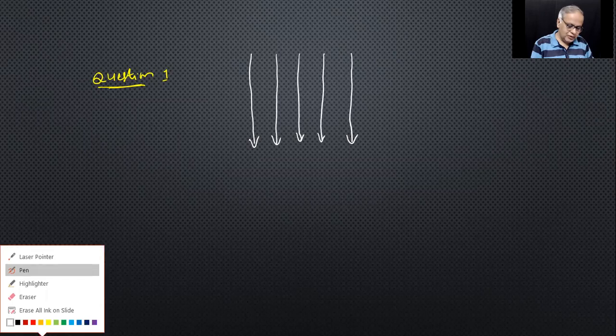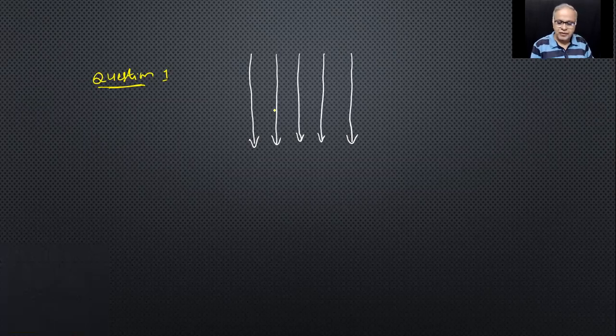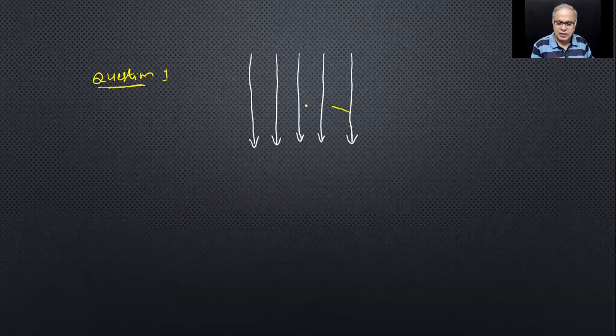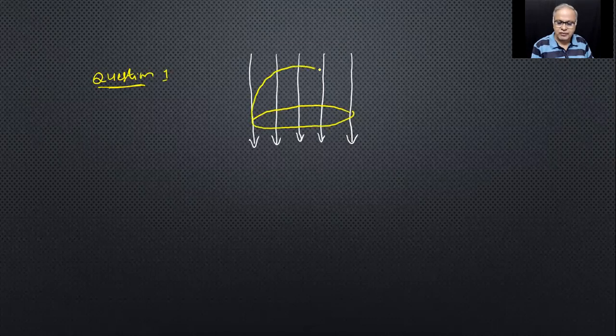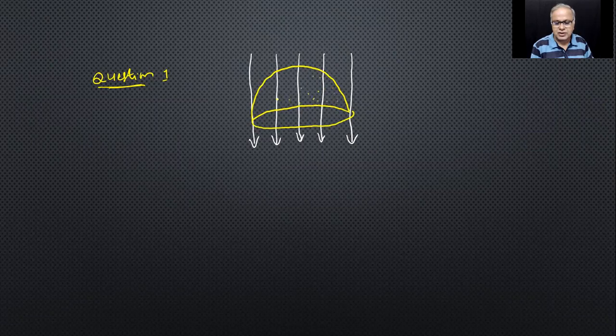Now, in this, if I imagine one hemispherical open surface, this whole surface, everything, this one is the surface we are talking about. But this is the open side. E is the same everywhere.